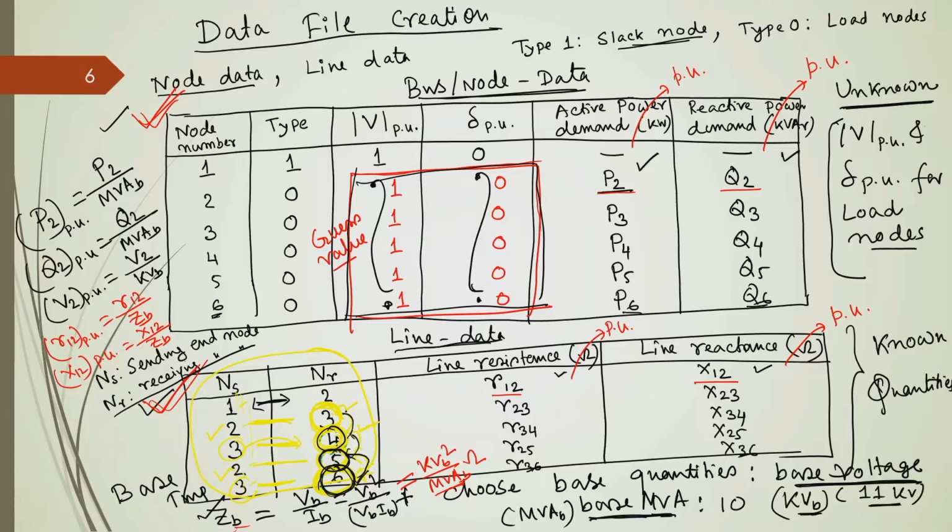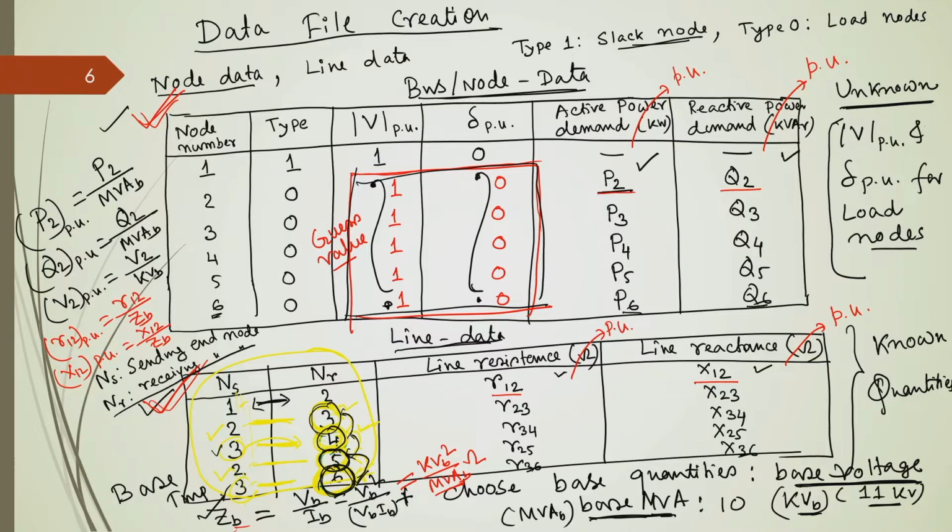Then you come to this node 3, and here you can see node 3 is appearing in the sending end data 2 times. That means node 3 is not a terminal node. So, it is connected to node 4 as well as node 6. Now, here you can do one thing, that you first determine the load current at node 3. Okay. In fact, load current is independent of all these nodes.